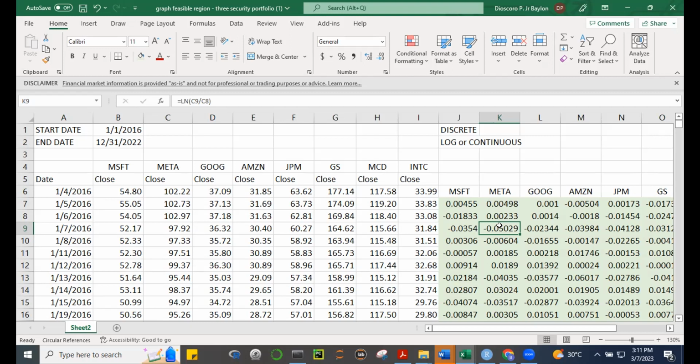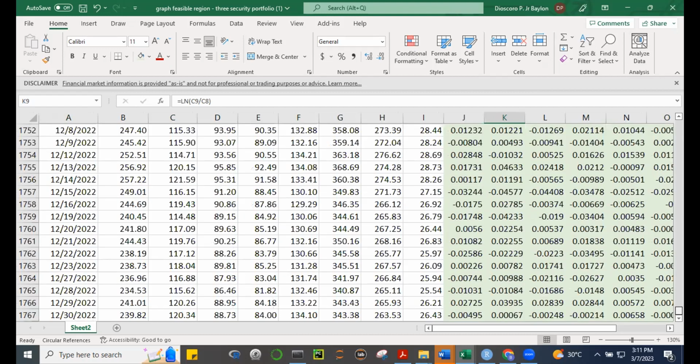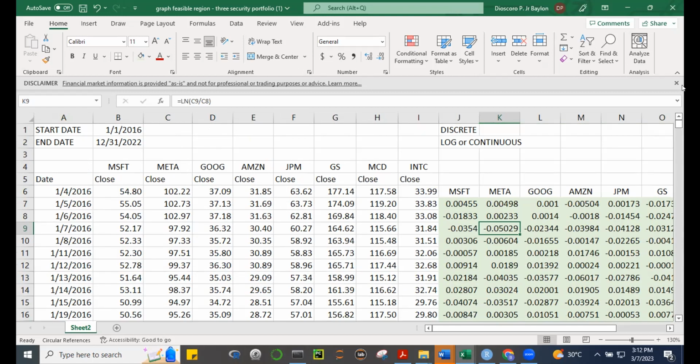So you just follow the formula. Would like to know by how much did the price of Microsoft grow between January 4, 2016 and the last day, December 30, 2022. You get the last period and divide it by the first period, then log.